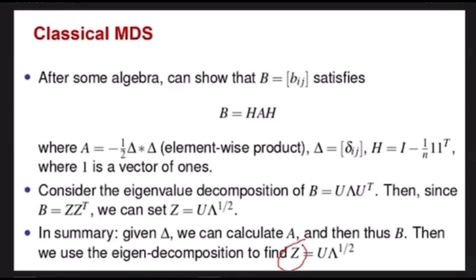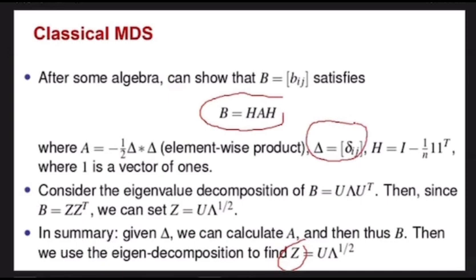So if I want to do that, the very first thing I need to do is to derive B. And how am I going to get B? If you take a look at this guy, that is the similarity.